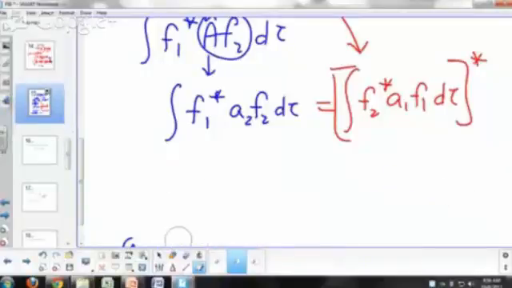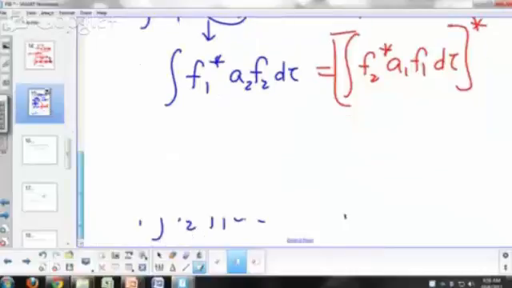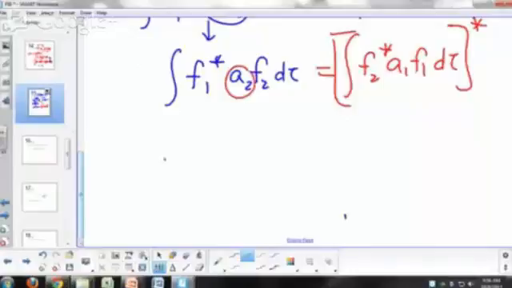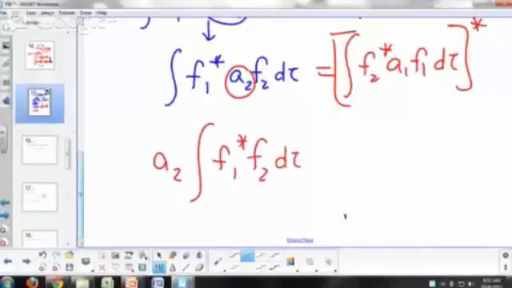All right, so what do we have now? We can simplify this. We can factor out a2. So on the left-hand side, you have a2 times the integral of f1 star f2 d tau is equal to, I can factor out my a1, but no, look, that has to be a1 star. You have to factor out the complex conjugate of a1.